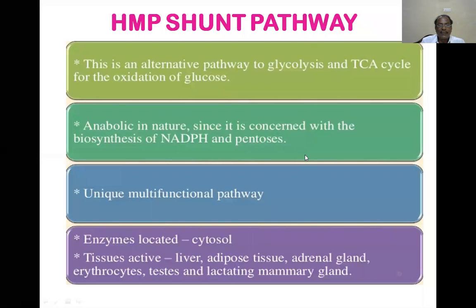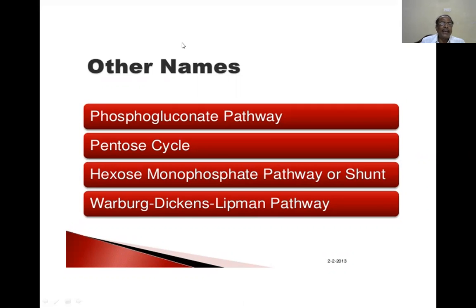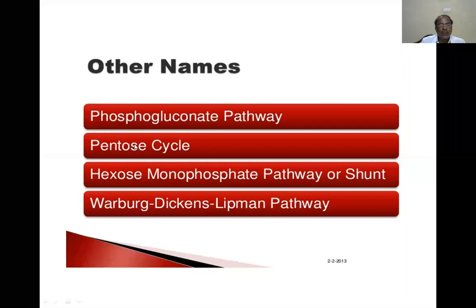That is the reason. What are the other names for this HMP, hexose monophosphate shunt pathway? Phosphogluconate pathway, because of the next substance that is produced from glucose 6-phosphate, and basing on that, this is the phosphogluconate pathway. As here the pentoses are produced, and again they are rearranged to produce glucose 6-phosphate if they are not needed, it is a cyclical pathway touching the pentose and going back to glucose 6-phosphate.